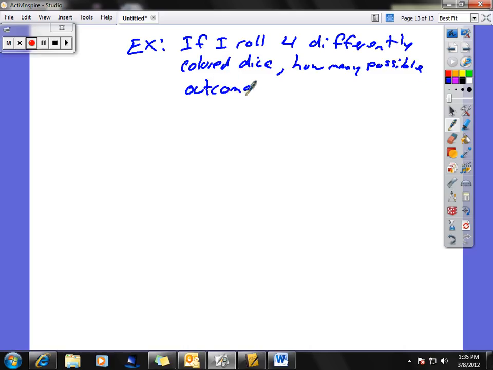What does that mean about this problem? If I get a red 5 and a blue 2, that's different than a blue 5 and a red 2. So there are more possibilities on this. But it's not really a permutation because there aren't really factorials involved.